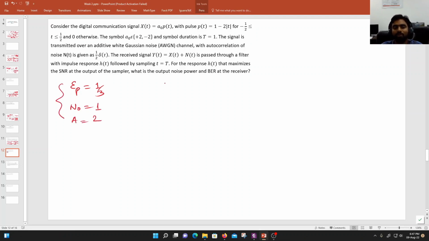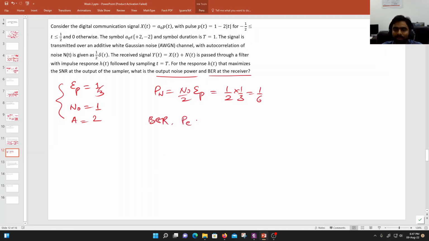These three things we require for the output noise power calculation and BER. So output noise power P N would be N naught by 2 times the energy of pulse, that is 1 by 2 into 1 by 3, that is 1 by 6.